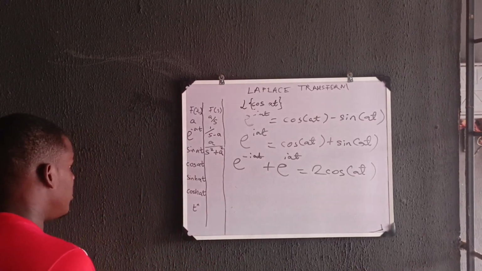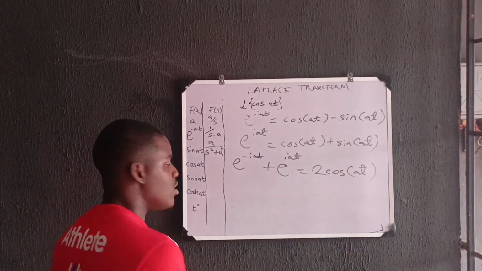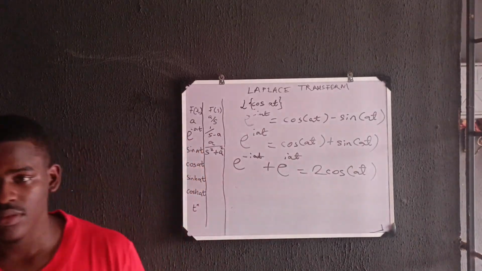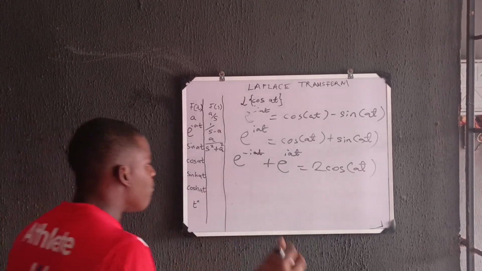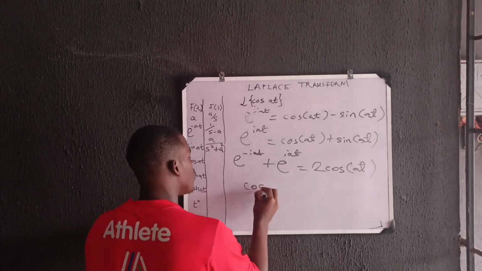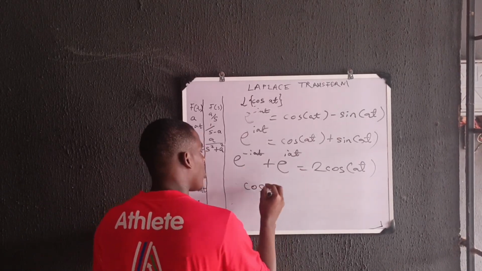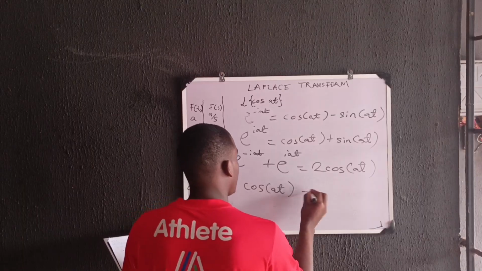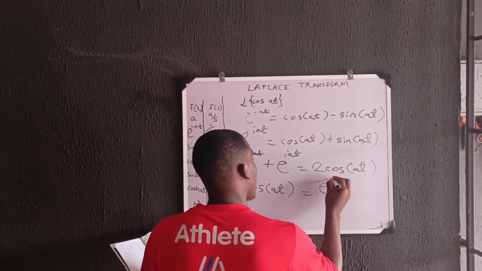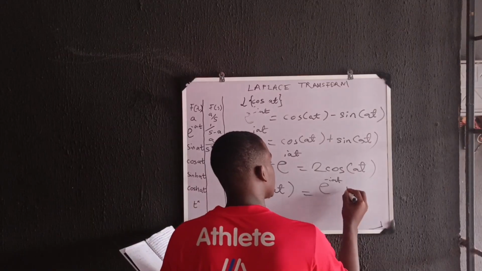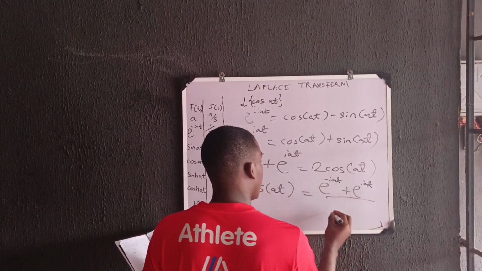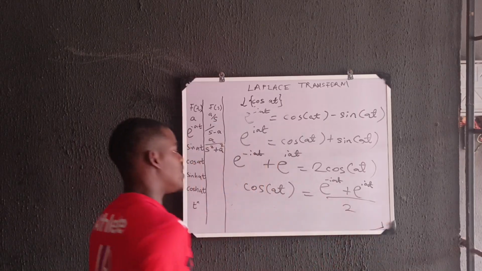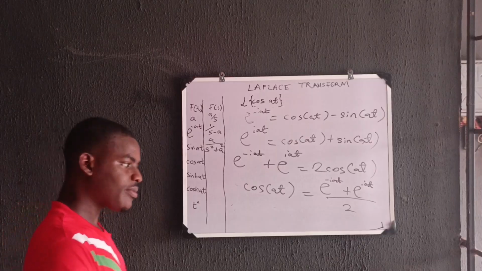This is where the derivation begins for us. So let's move on. Now we have officially that cos at is going to be e to the negative iat plus e to the iat all over 2. This is what we are going to have, right?